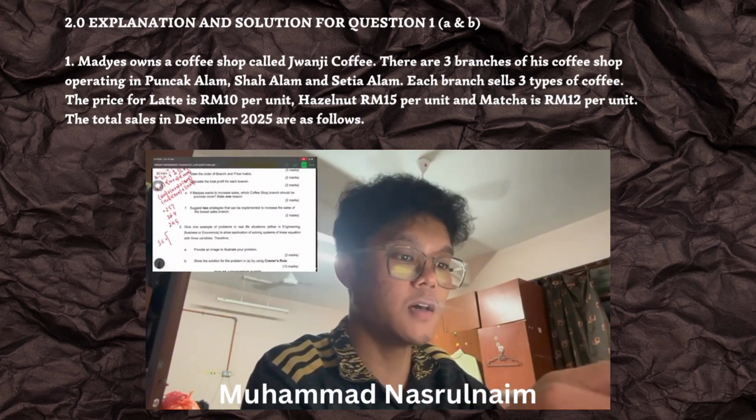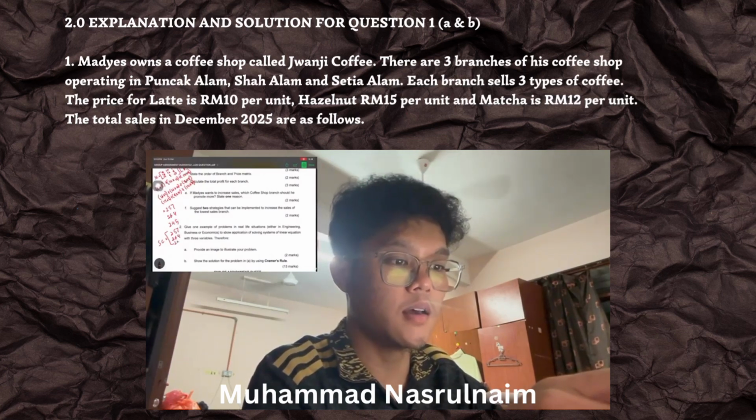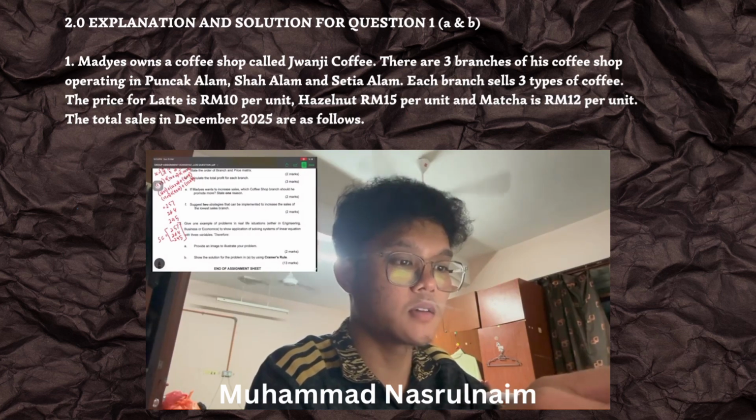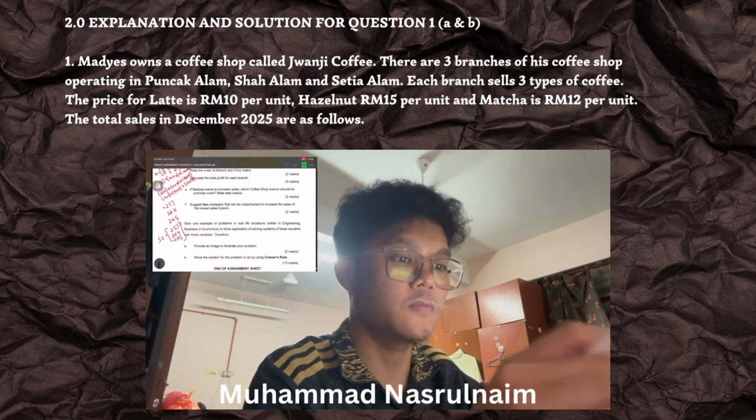After we multiply, the answer is Puncak Alam 257, Shah Alam 264, Siti Alam 245.